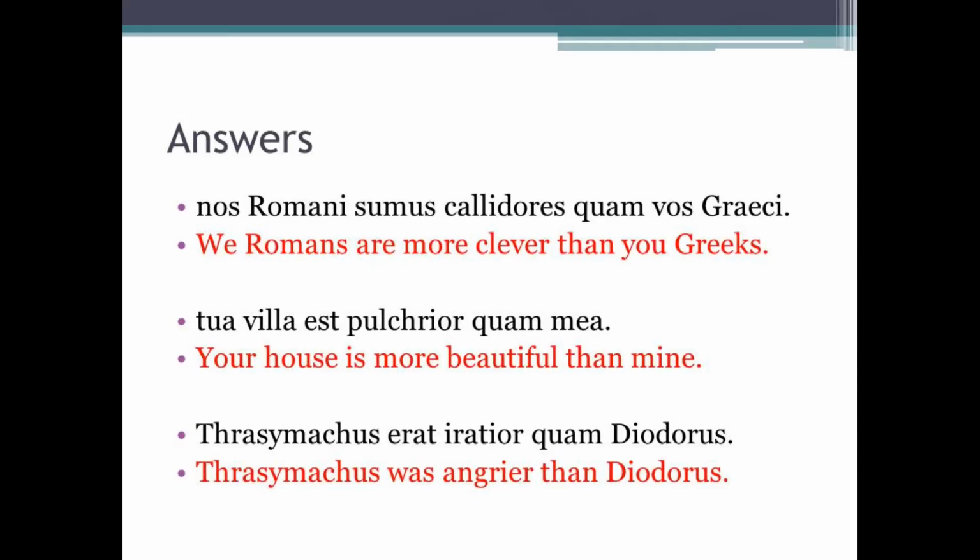Tua villa est pulchrior quam mea. Your house is more beautiful than mine. Thrasymachus erat iratior quam Diodorus. Thrasymachus was angrier than Diodorus.